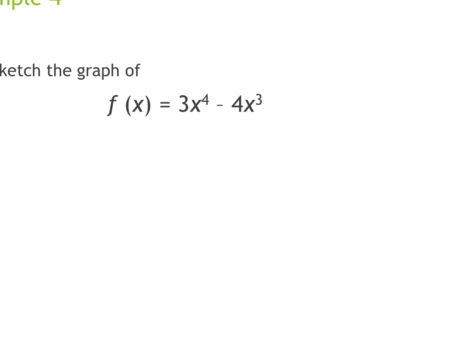We have 3x to the 4th power. X to the 4th power is even. So does that mean our end behavior is going to go in the same direction or opposite directions? Same direction. Are they both going to go up or both go down? Both go up because our leading coefficient's positive.